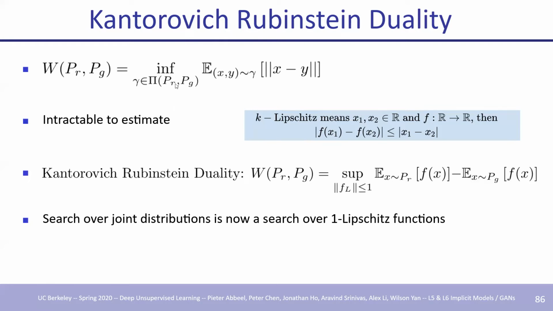Before, we had to search over all joint distributions. Now we have to search over all 1-Lipschitz functions. So maybe this is a slightly simpler problem, more tractable than searching over all joint distributions, and there are some techniques for this.